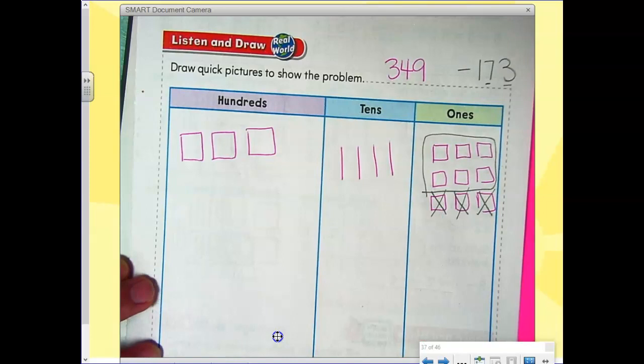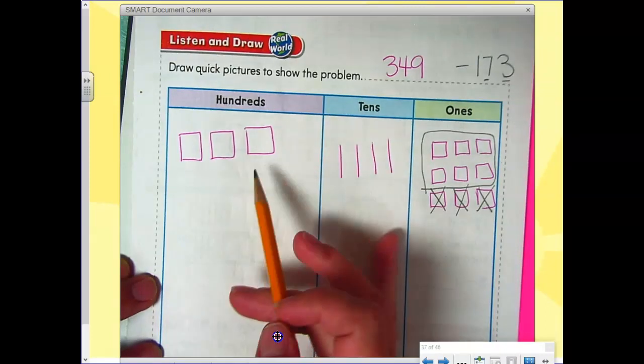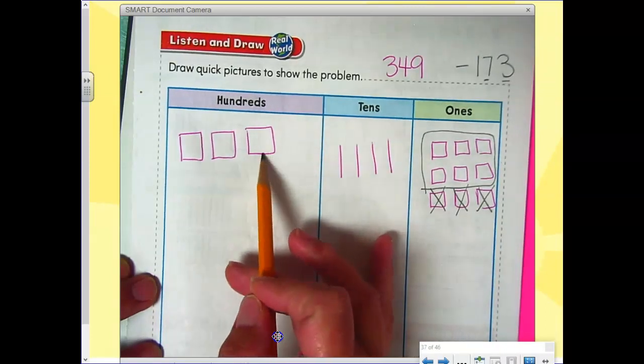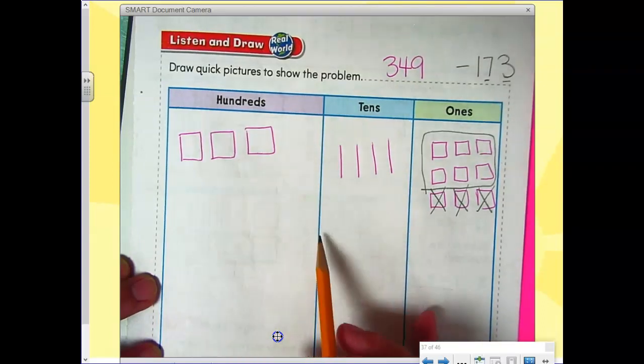Can we take away 7 from 4? No. So what should we do? We're going to have to break up a group. All right, how many tens are inside a group of 100? 10. There are 10 tens inside a group of 100.